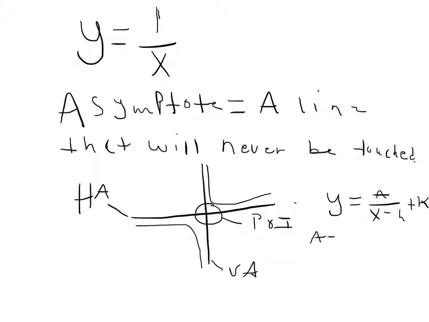A equals the stretch of the graph, h equals the left or right, and k equals the up or down part.